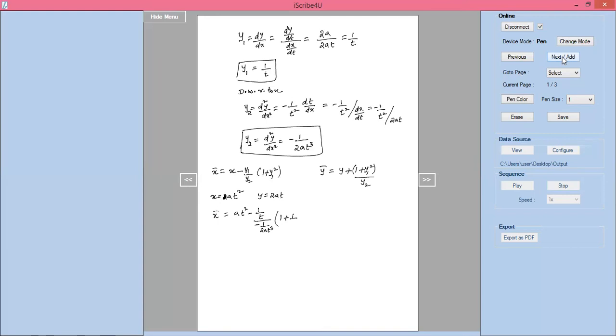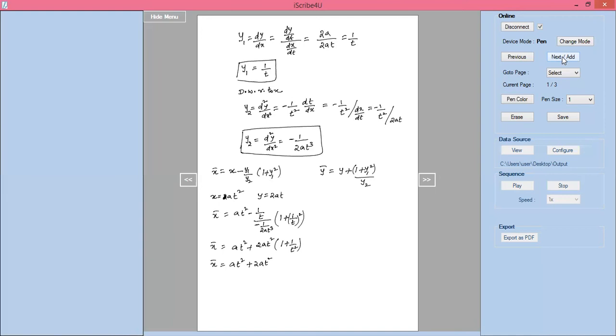by t whole square. Now x bar equals at square minus, if we take the numerator, you will get plus 2at cube divided by t, which is nothing but 2at square into 1 plus 1 by t square. Now if I simplify this, x bar equals at square plus 2at square.